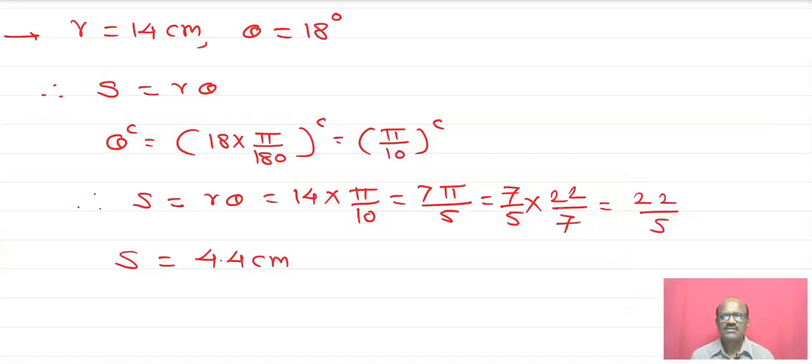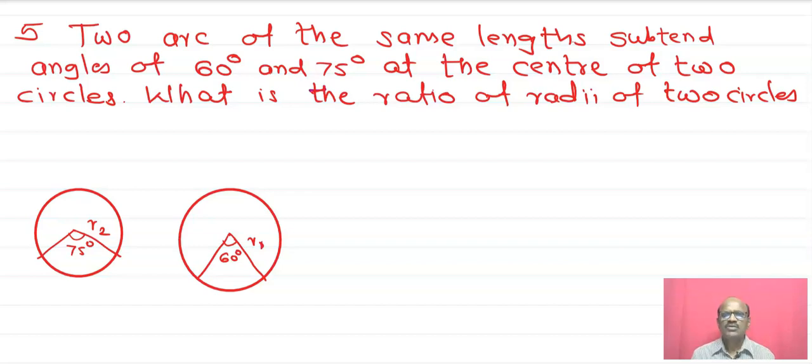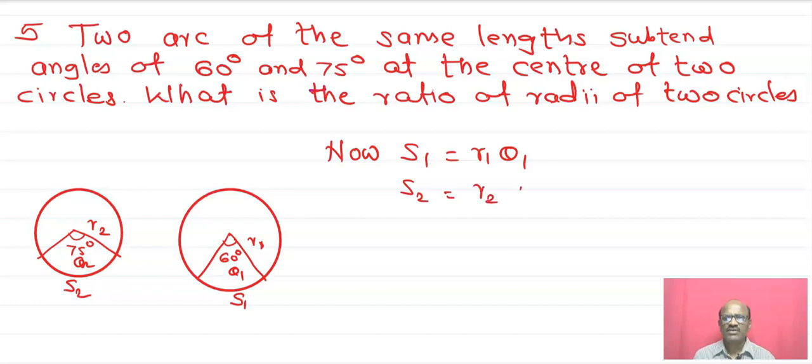Next is: two arcs of the same length subtend angles of 60 degrees and 75 degrees at the center of two circles. What is the ratio of the radii of the two circles? Now first, S1 is equal to R1 theta 1 and S2 is equal to R2 theta 2. Now S1 upon S2 is equal to R1 theta 1 upon R2 theta 2.